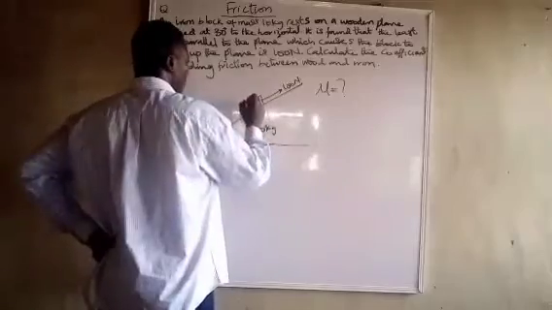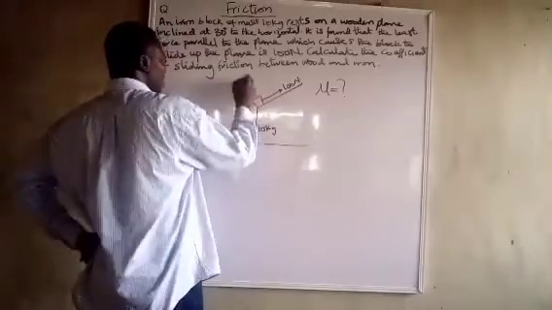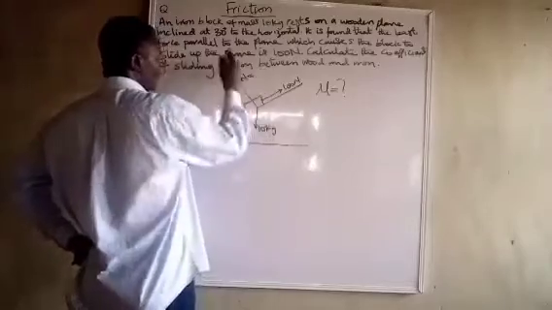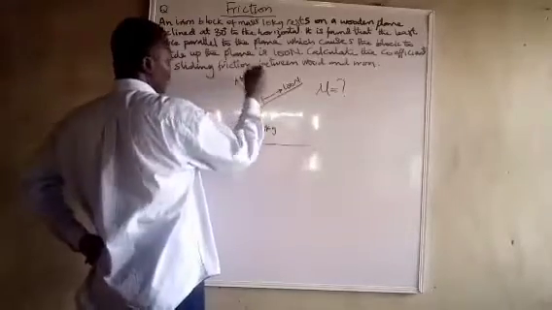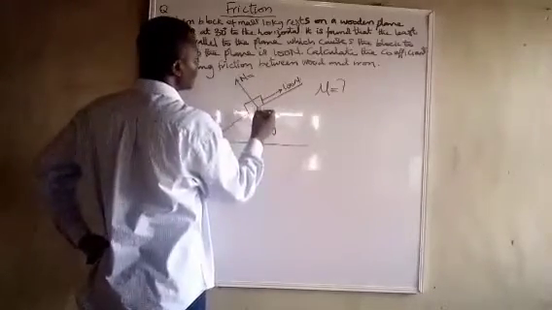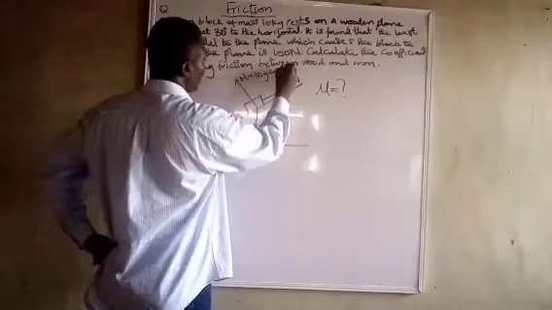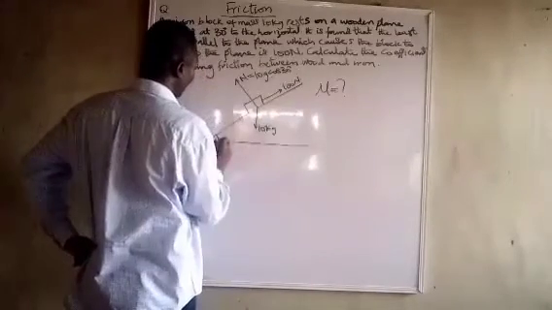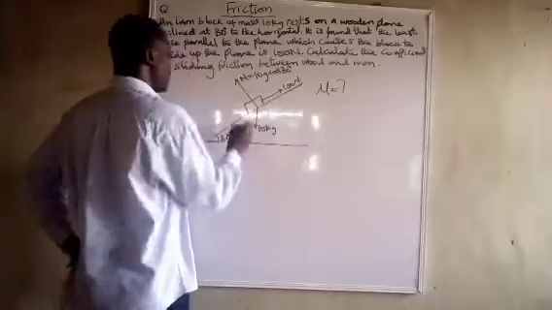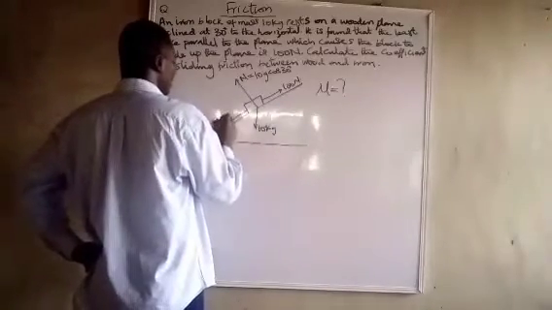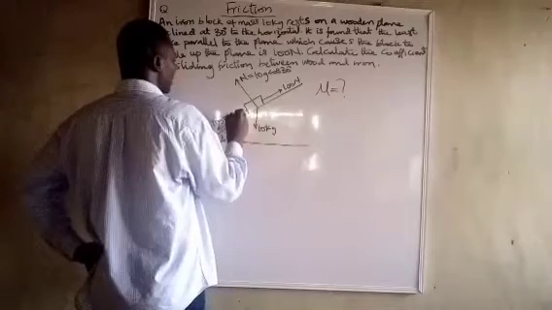Now, very good. Let's look at the parameters we can bring out. The N reaction is 10g cos 30 degrees. We have been told that this is 30 degrees. And we also know that we have a portion of 10g sine 30 degrees down.